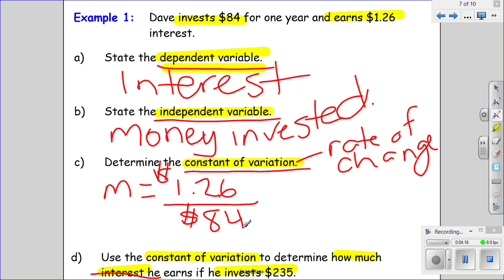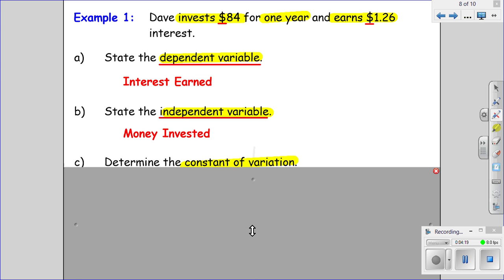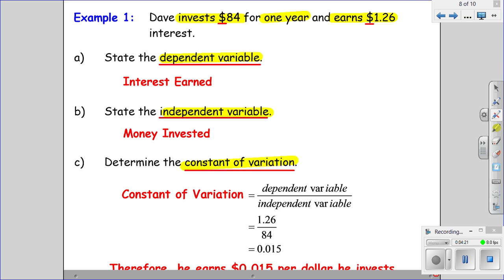And that gives us, we're going to scroll to the next slide because I don't have my handy dandy calculator. It gives us $0.015 for every dollar invested.